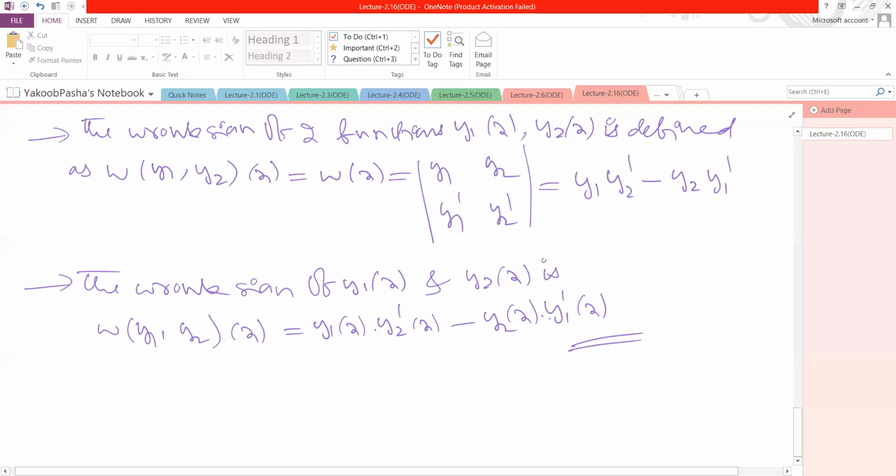We know that y1 and y2 are functions of x alone, that's why I'm writing y1 y2 dash minus y2 y1 dash. You have to remember this as a very important formula.